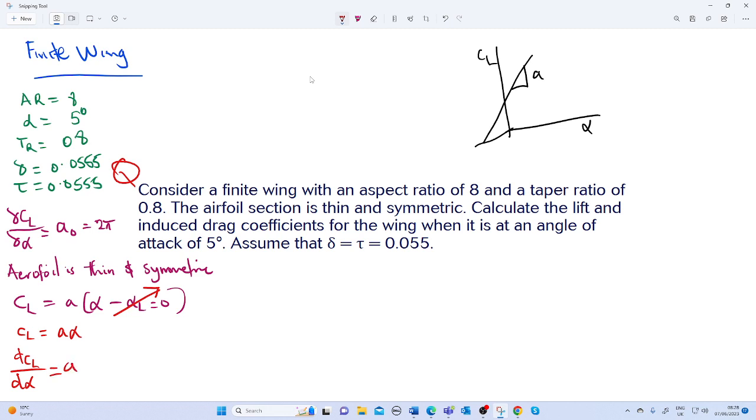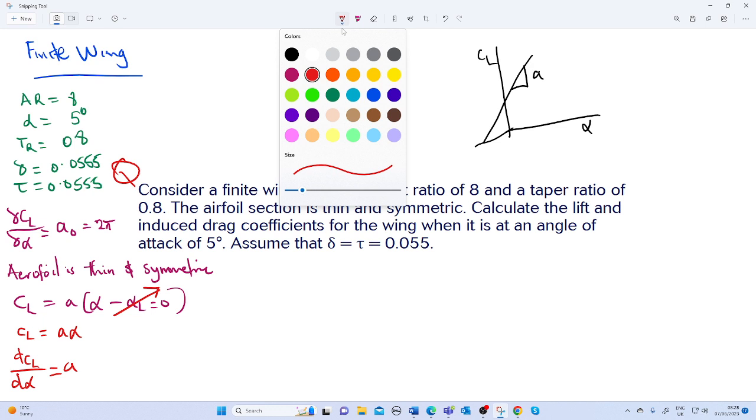And how do we calculate A, which is the gradient of the equation of the coefficient of lift to the angle of attack?